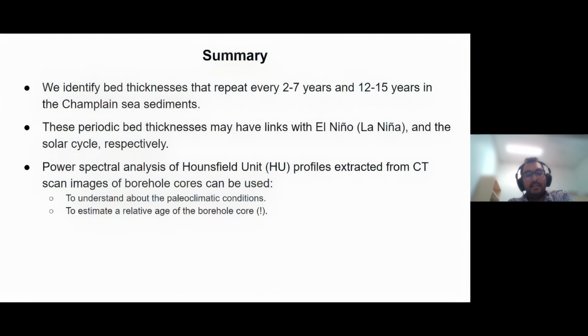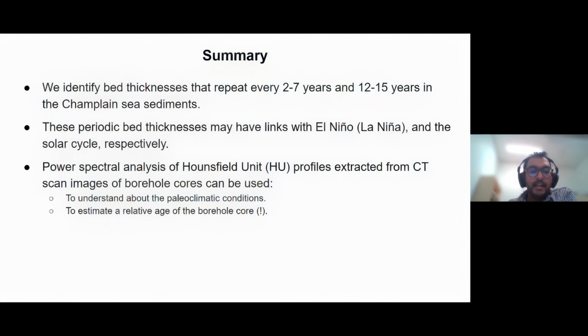Yeah, so those are the things that we have done so far, and this is a summary of our work up to now. And we identify bed thicknesses that repeat every 2 to 7 years and 12 to 15 years, and they may have links with El Nino or La Nina and the solar cycle.